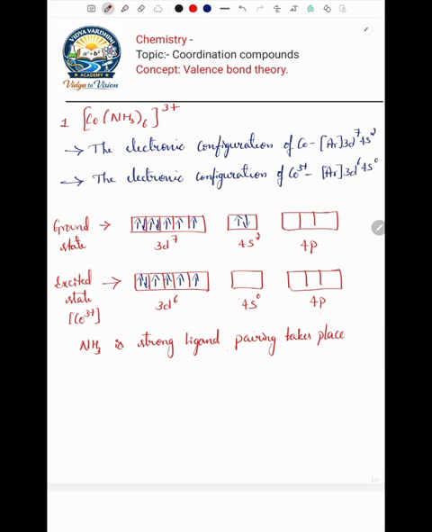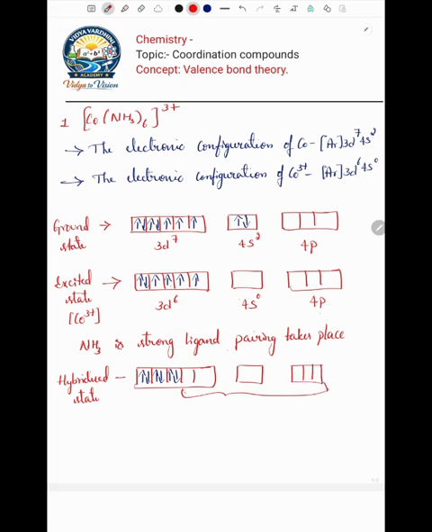We get the hybridized state. Let me draw the hybridized state. We have paired the electrons. These two are already paired and we are pairing another 2 electrons. The leftover d orbitals are 2 and we have 4s and 4p here.